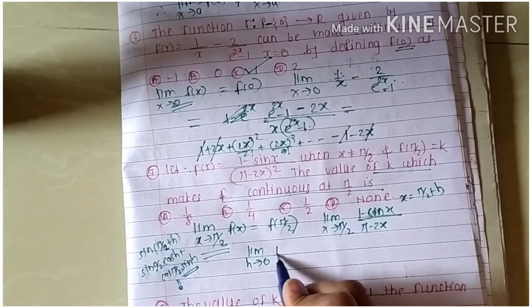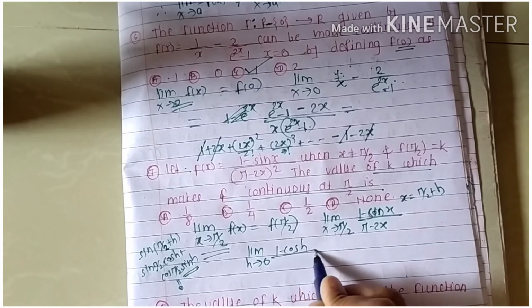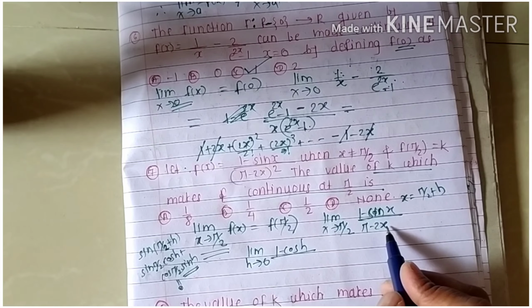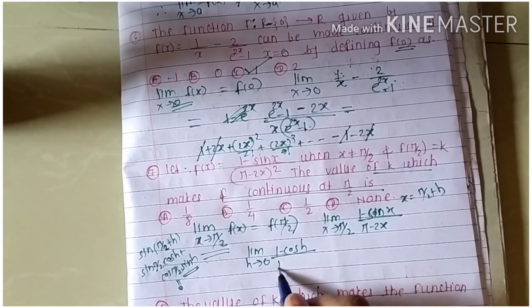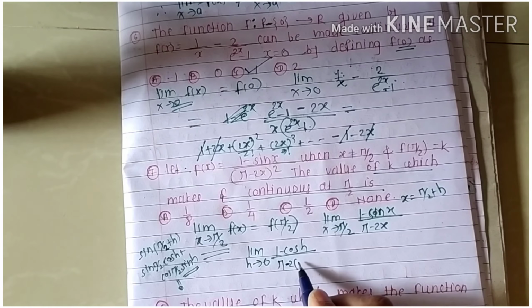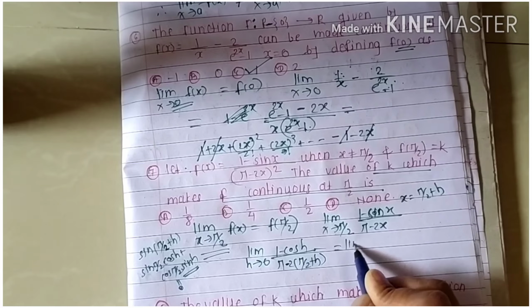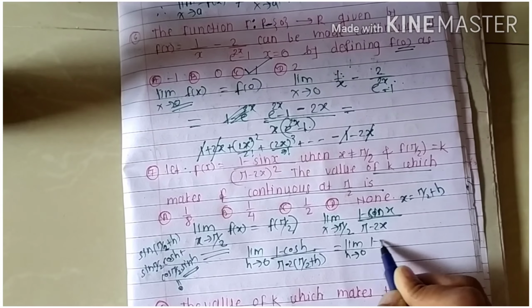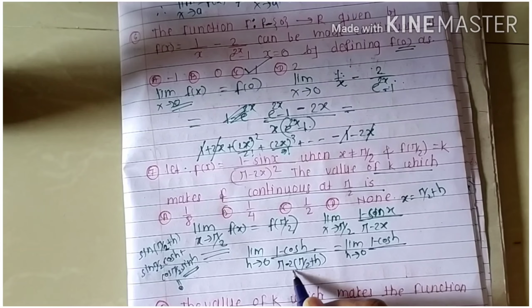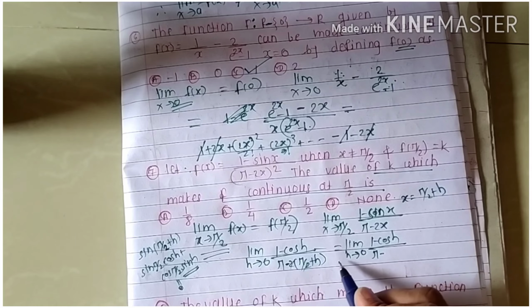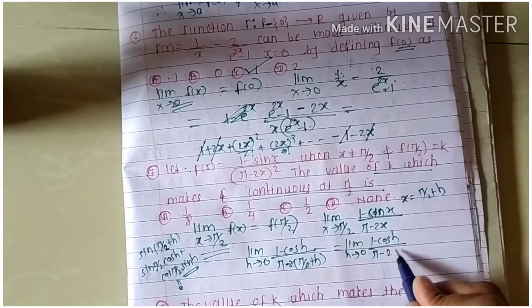H is tending to 0, 1 minus cos h divided by the denominator term, which after substituting x as pi by 2 plus h is pi minus 2 times (pi by 2 plus h). Then simplifying, limit h tends to 0, 1 minus cos h divided by this: multiplying the 2 inside, the pi and the pi cancel, and what remains is minus 2h.